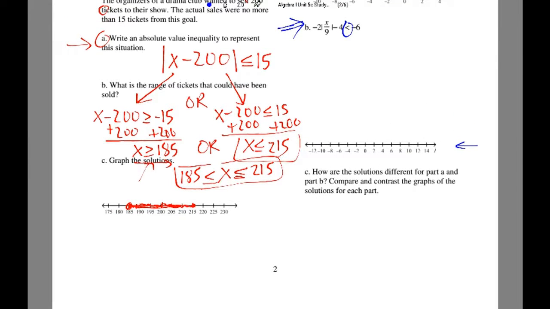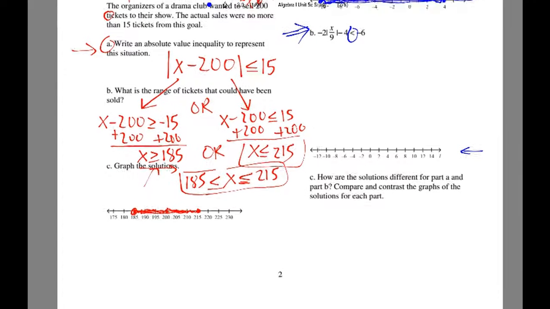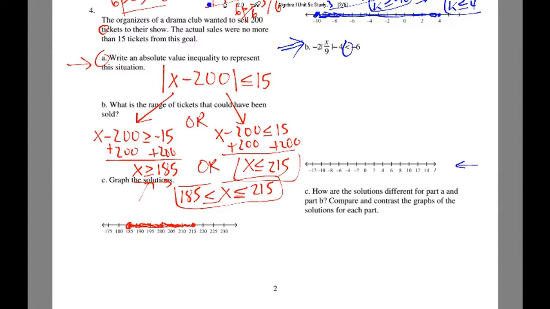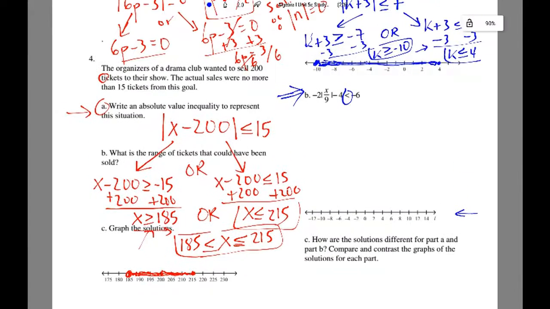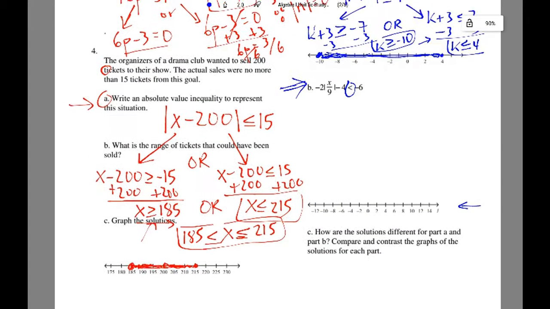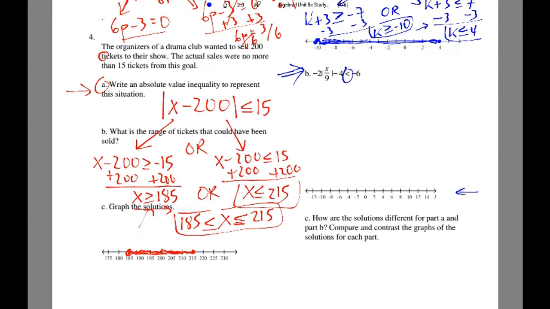And part C: how are the solutions different for part A and part B? Compare and contrast the graphs of the solutions for each part. I already know that the symbols are different, so you're probably going to have open points for part B and closed points for part A, and the graphing of it might be different.